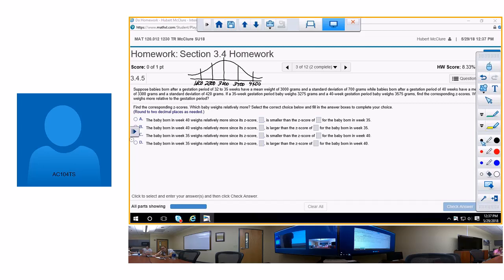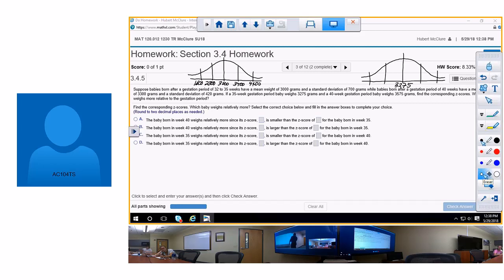Somebody check my math. And then over here, we got the 40-week period and 3,275. I need somebody, calculator drill team. 3,275 plus what? I'm sorry, I messed up. 3,300.